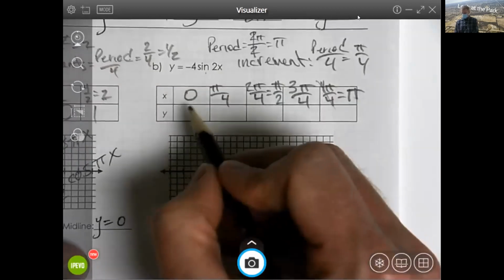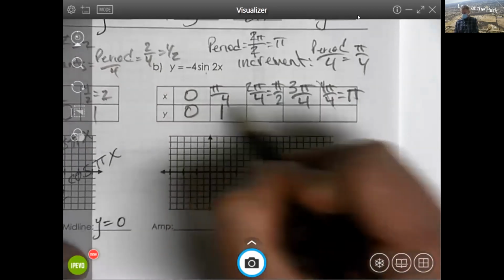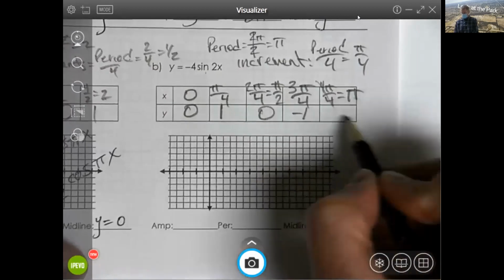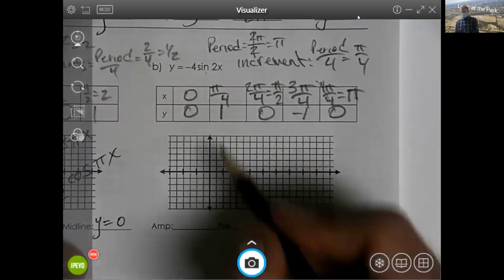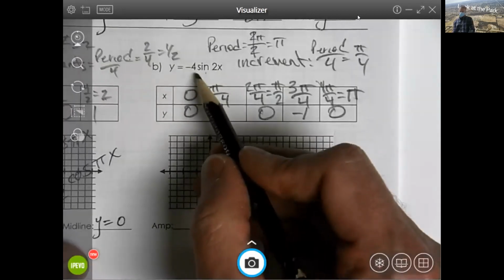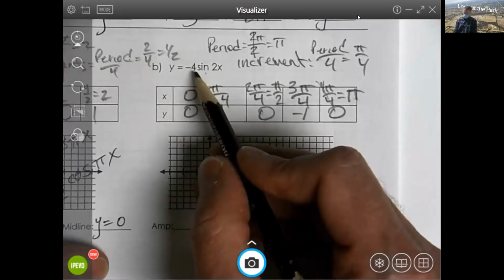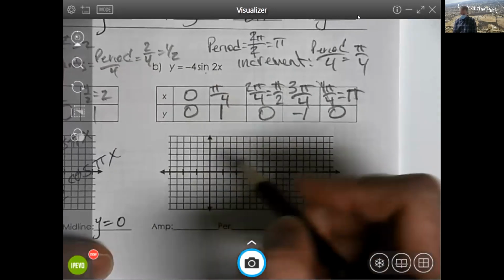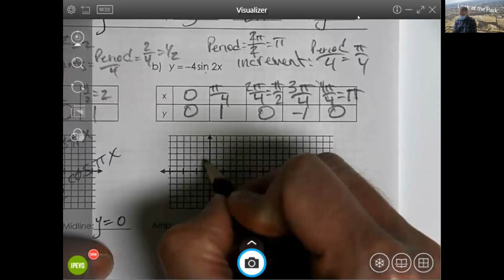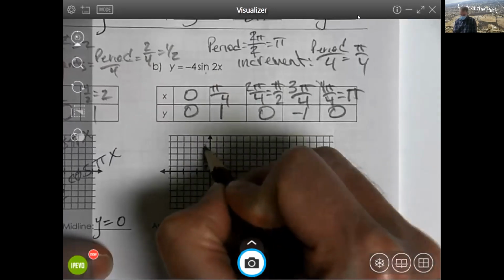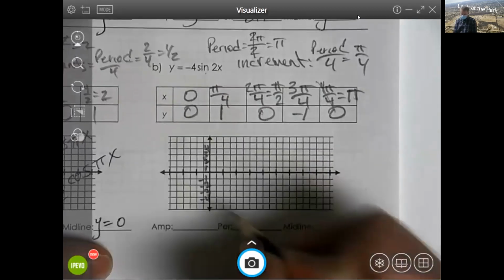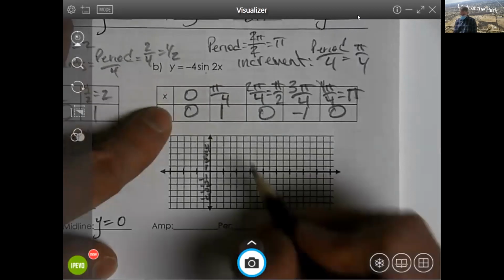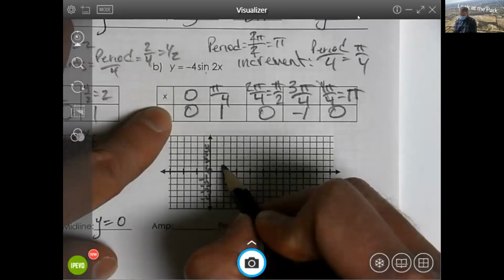This is a sine graph, so we're at 0, 1, 0, -1, and 0. We're going to be stretching by 2 all the way up to 4, so I don't really have room to double up. So this has got to be 1, 2, 3, 4. So our original graph is going to be 0, 1.